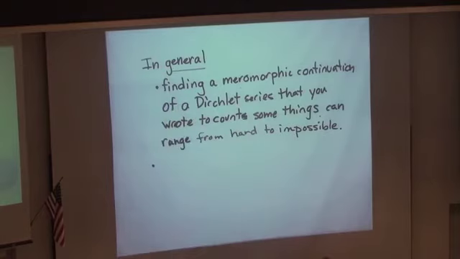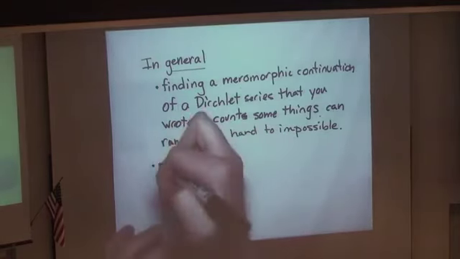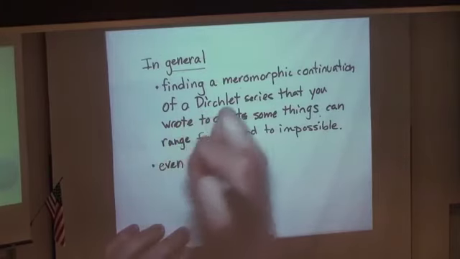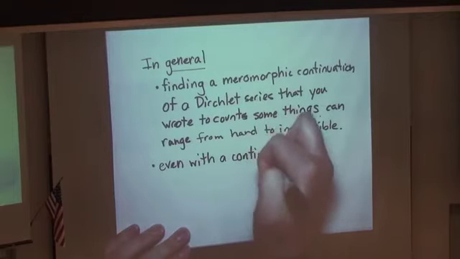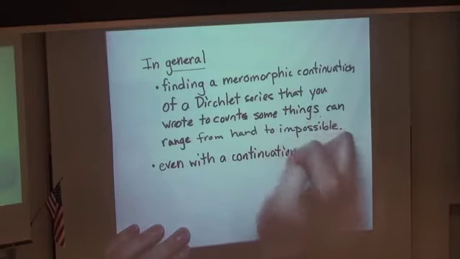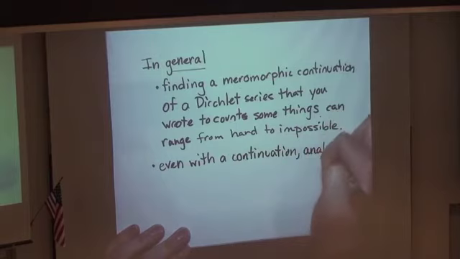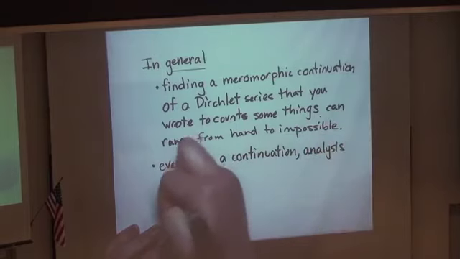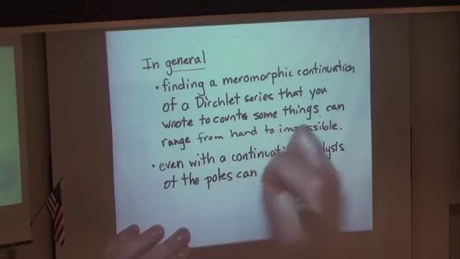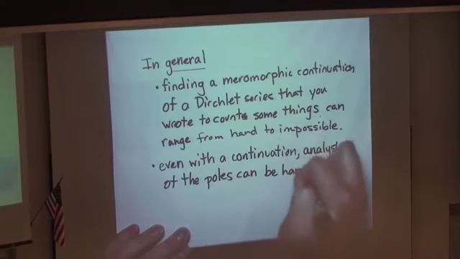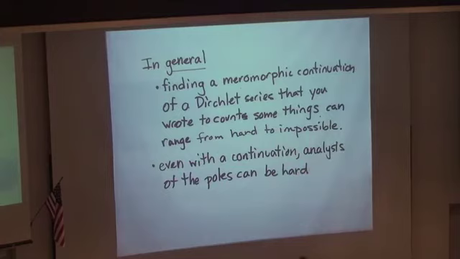And then secondly, even with a continuation, the analysis of the poles can be hard. So, for example, in the cases of counting quartic and quintic number fields, these would be the cases.